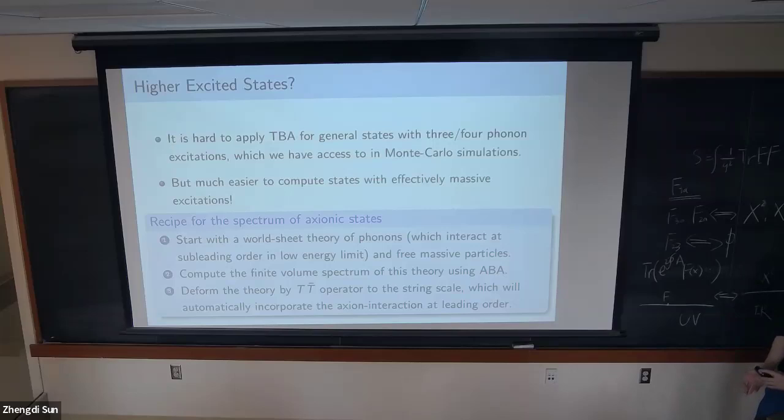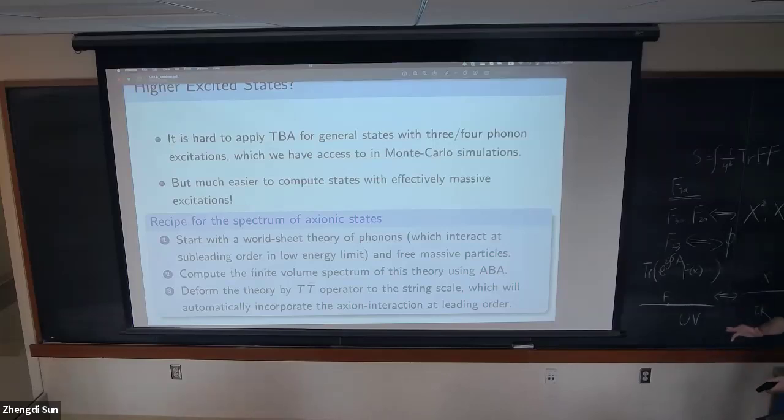So in general, it is hard to do the first objective. But in this case, we are actually more interested in computing states with massive excitations. So here we propose a way of computing all these axionic states. That is, we use the following approximation.